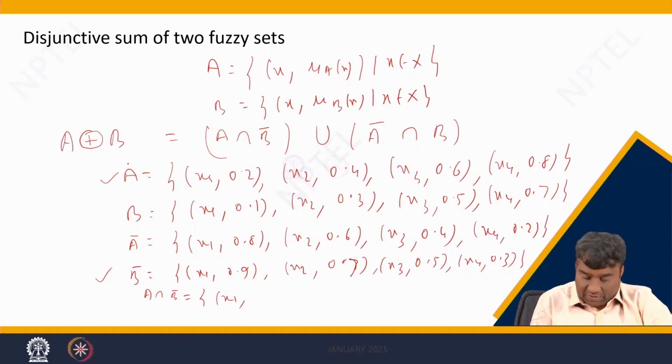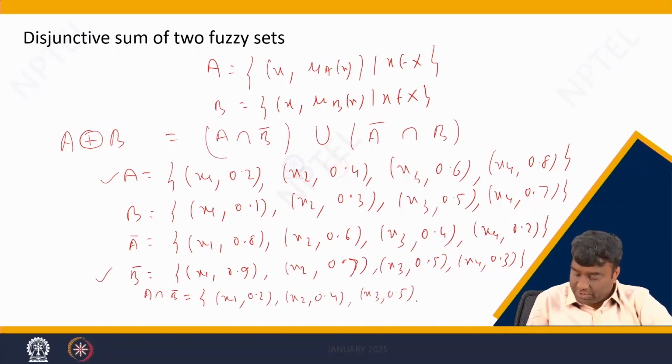The minimum value for x1 is 0.2, x2 is 0.4, x3 is 0.5, x4 is 0.3.